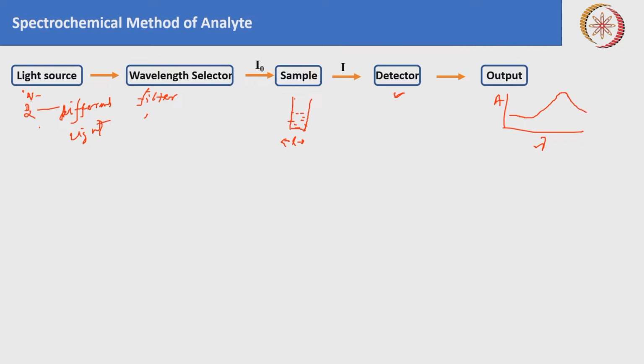Here is the wavelength and this is the absorbance. Suppose this is 500 nanometer and some absorbance is happening; for that you will get an absorbance spectrum like this.